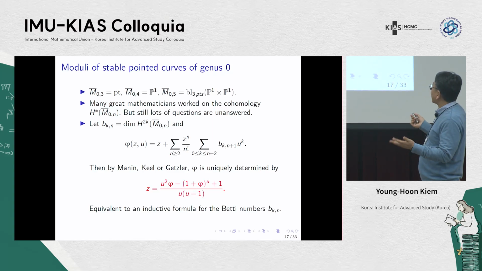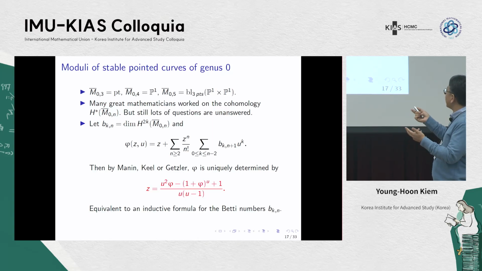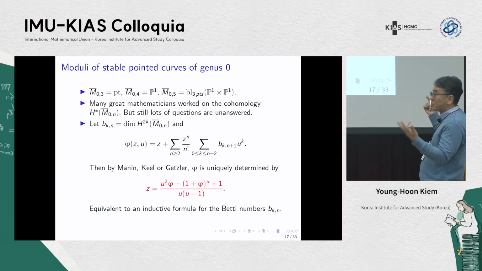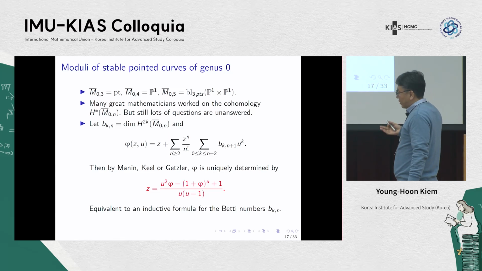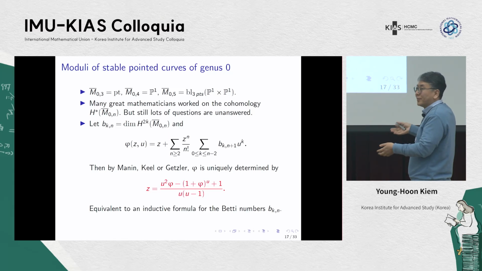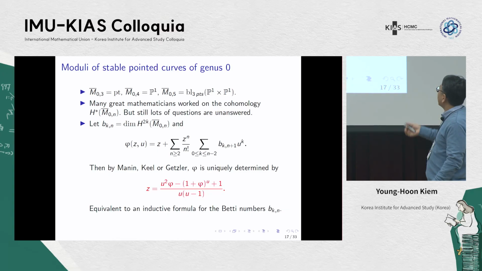Okay, so let's think about the Deligne-Mumford compactification from now on. So in the simple case, M03 bar is just a point, as it should be. M04 bar is also just P1, like the GIT quotient case. M05 bar: now we can choose 2 points in P1 because 3 other points are almost fixed by the fractional linear transformations.